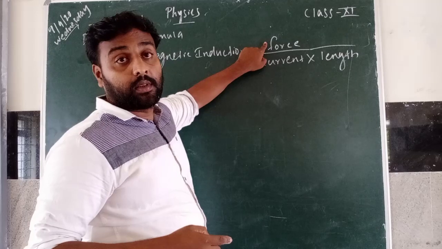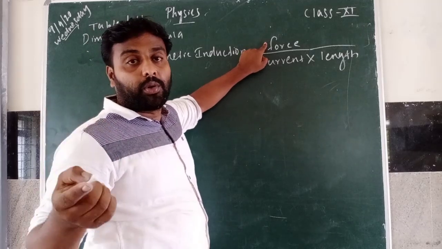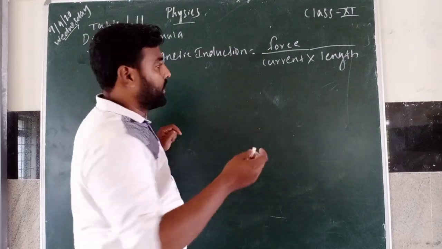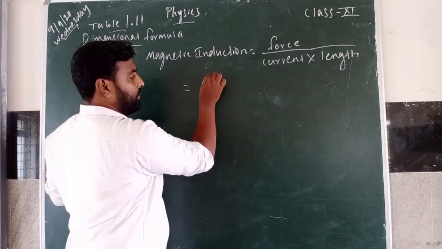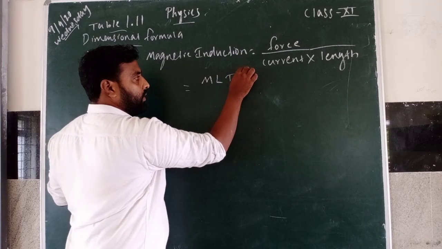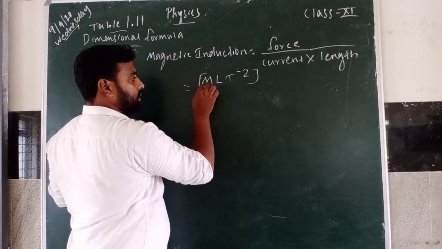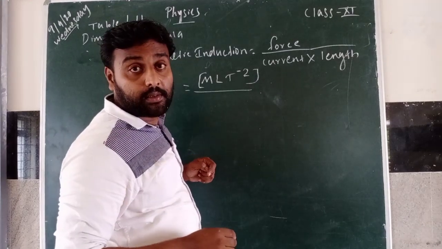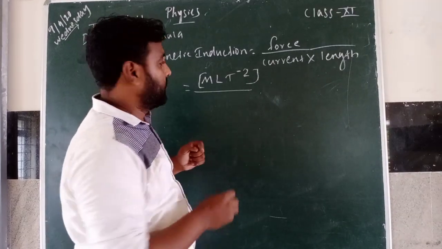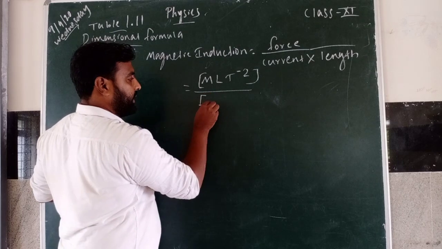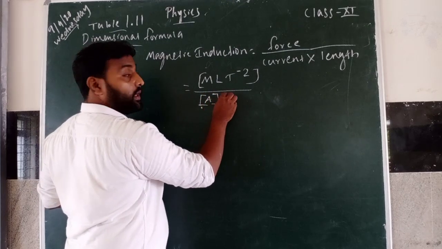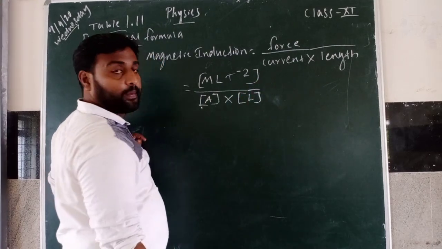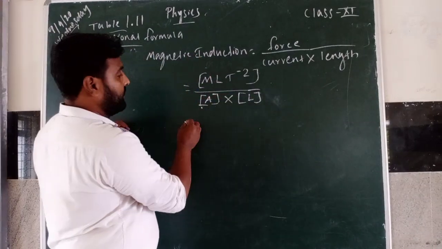Again force, you already know the dimensional formula M L T power minus 2. Again no need to find out now. M L T power minus 2 divided by current. Current, what is the symbol we are using? A. Then length L. Now split this for cancellation.